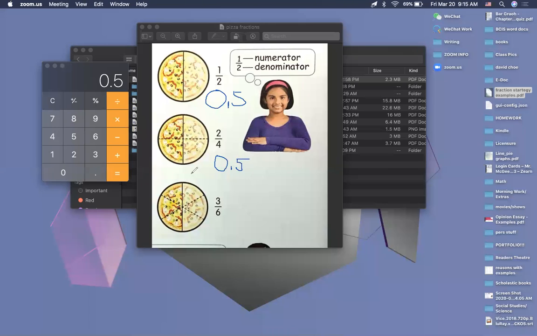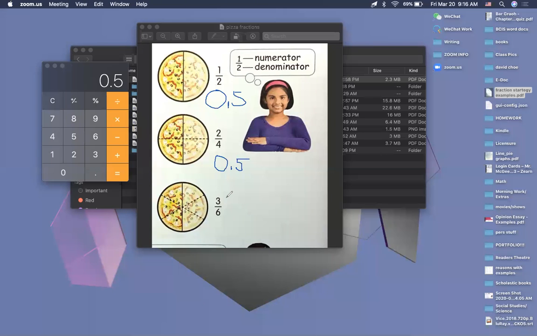How about Rudy's pizza down here? How many pieces is his whole? How many pieces, Rudy? How many pieces of pizza is your whole? Oh, 6. Yes. How many pieces did you eat? 3.